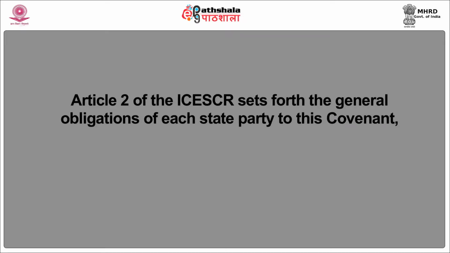Article 2 of the ICESCR sets forth the general obligations of each state party to this covenant. These obligations are broad and make allowances for the differences in development and resources among states.